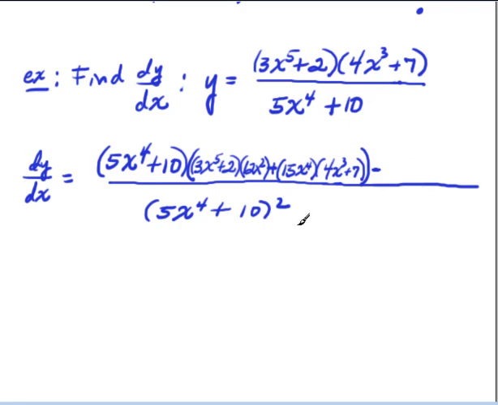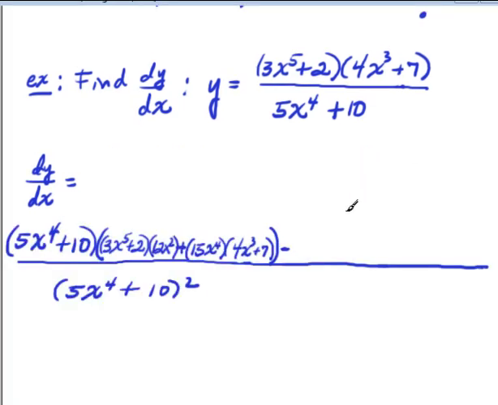Okay, so I need a little more room here. Just a second. I'm going to move this over. Okay, I got a little more room. So this is, again, g f prime minus g prime. Okay, the derivative of the denominator, that's 20x cubed. F is just copy over the numerator over here. So we'll copy it over.